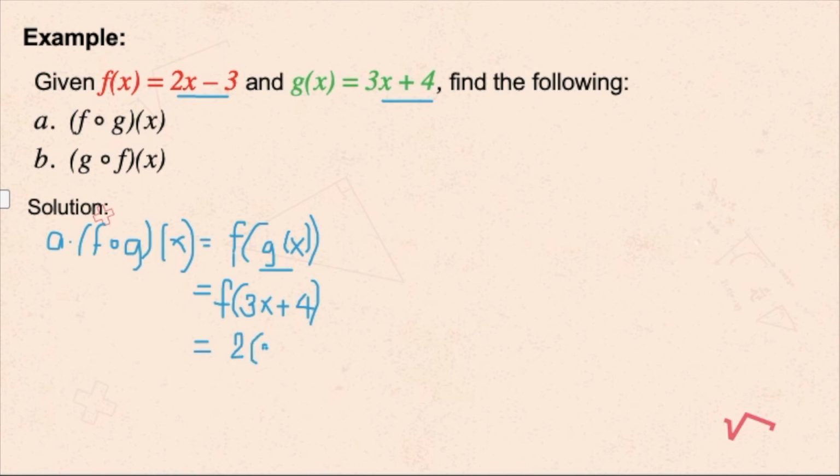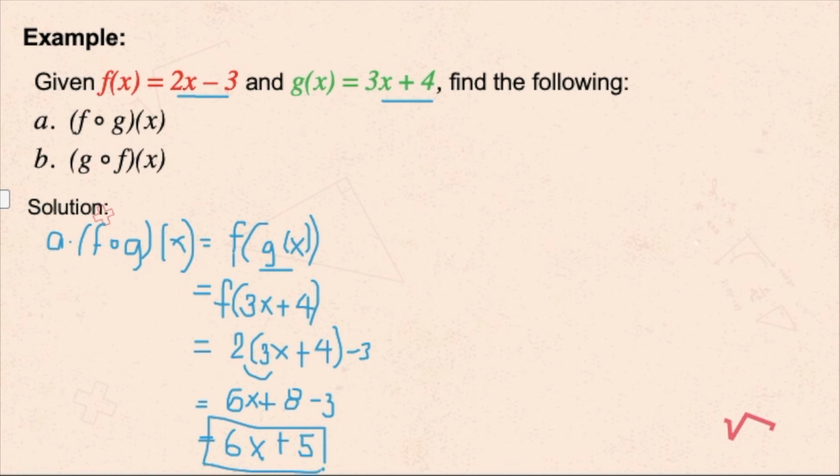So this will be 2 times the quantity of 3x plus 4 minus 3. Then solve this by using the distributive property. This will be 6x plus 8 minus 3. Combine similar terms. We have 6x plus 5 as our final answer.